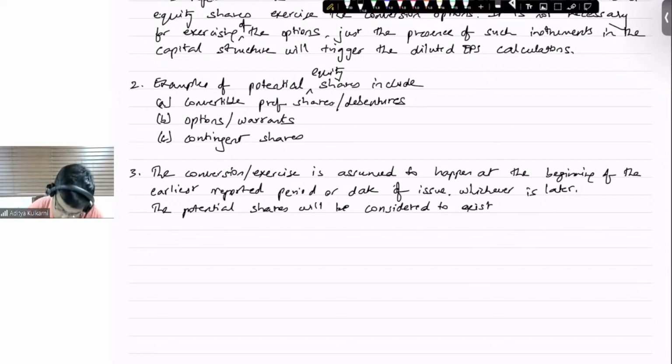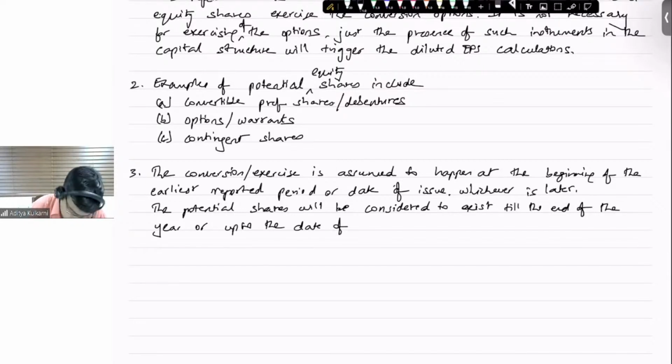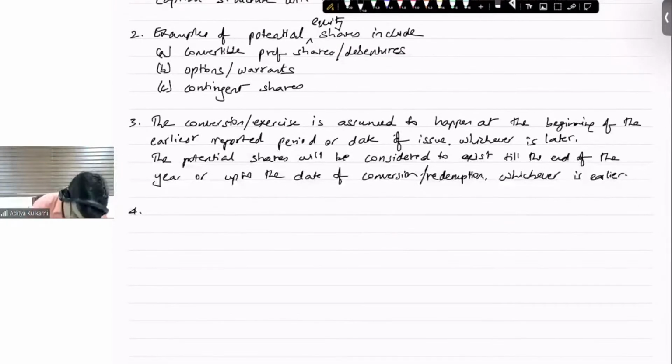Considered to exist up to the date of conversion.